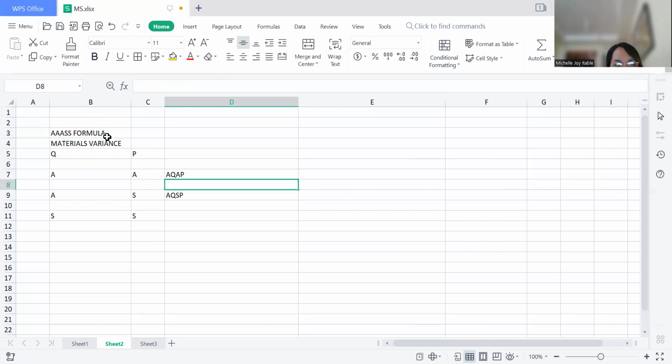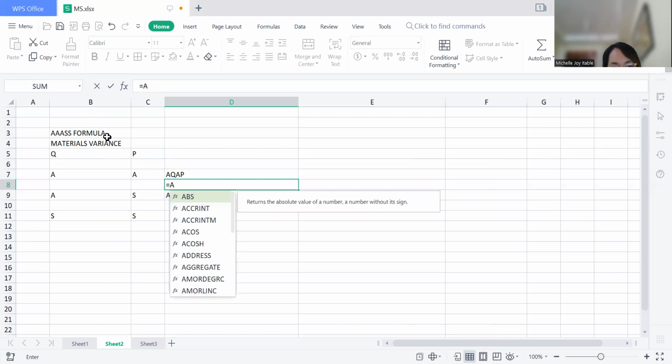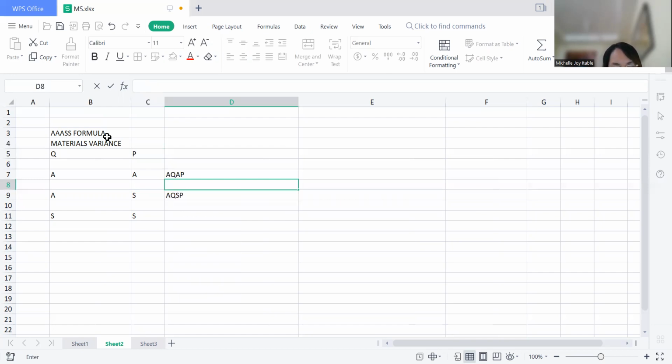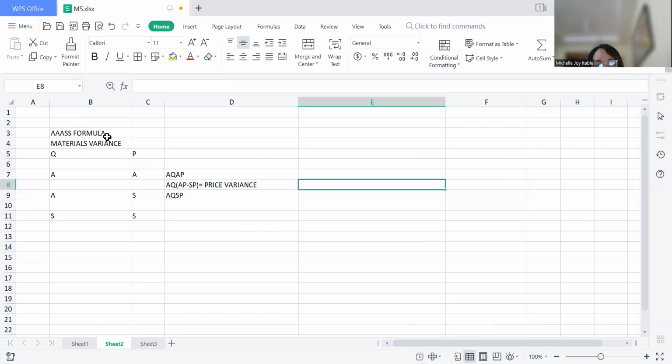This can also be translated into the formula: actual quantity times actual price less standard price. This is equal to your price variance.